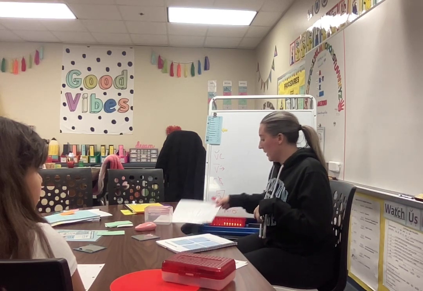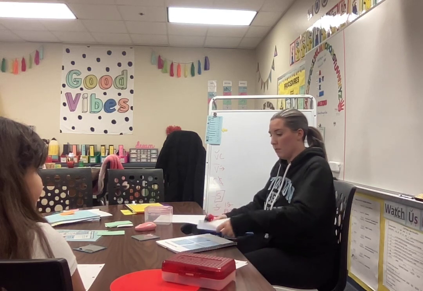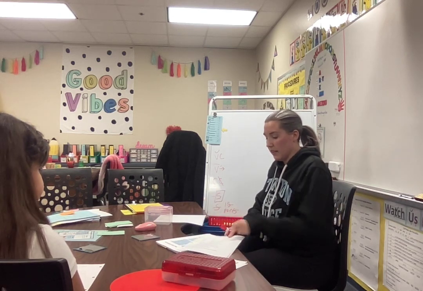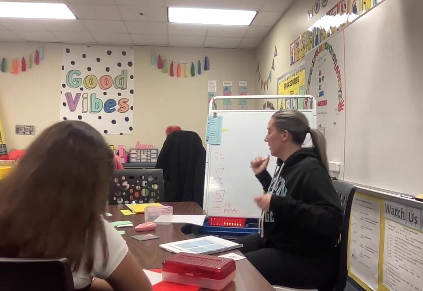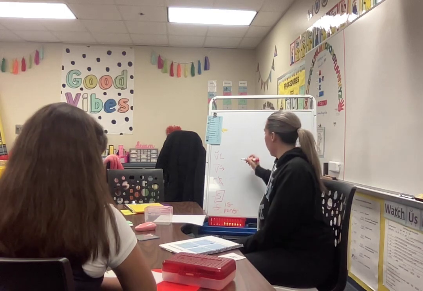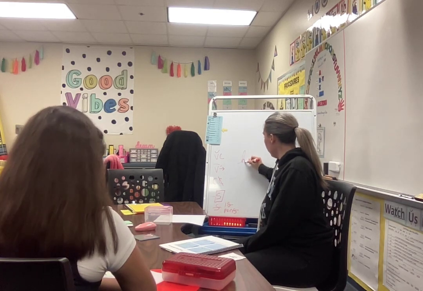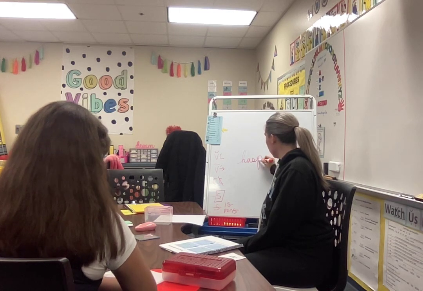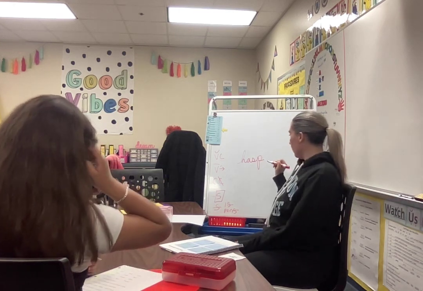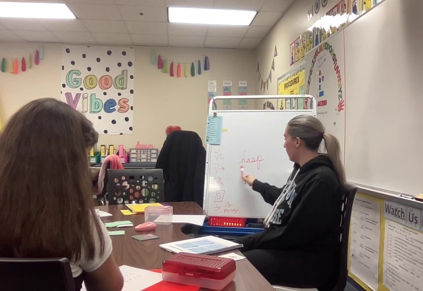On our paper here, we're going to do row number 4 together, and then you're going to be coding rows 1 to 3 by yourself, and then we'll practice some sentences. So let's look at row number 4. H, A, S, P. If I was going to code this word, where is our vowel?